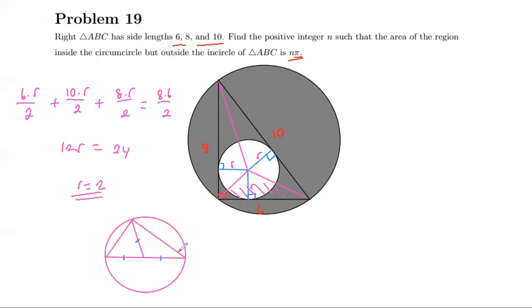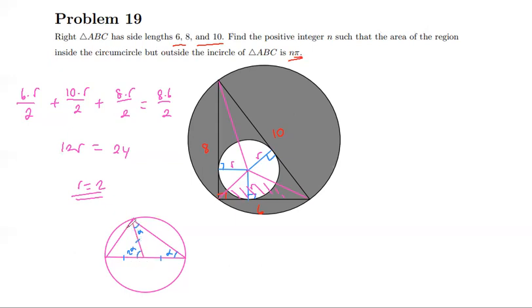If I call this angle alpha, this angle is alpha as well, because it's an isosceles triangle. Alpha plus alpha is 2 alpha by the exterior angle rule, so this angle is 2 alpha.